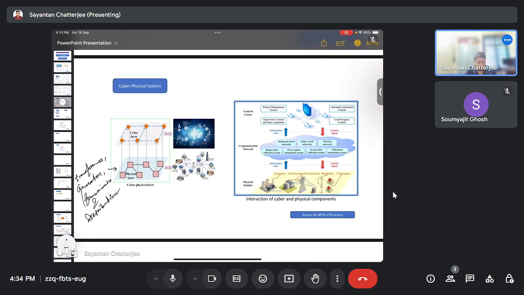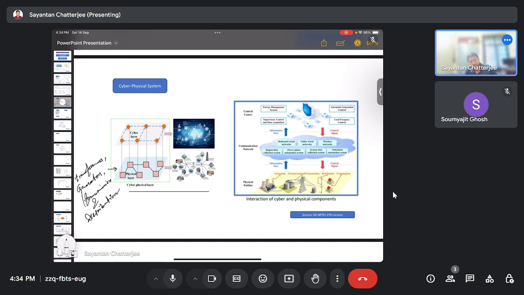So these things are already present, but what was absent is a good communication architecture.